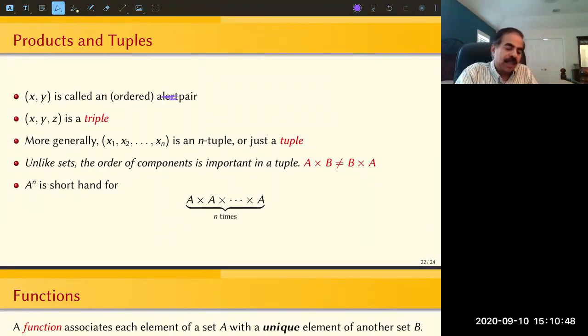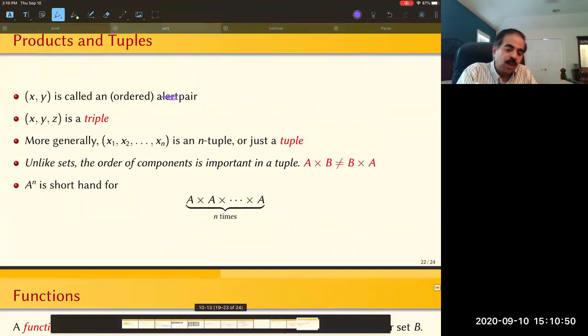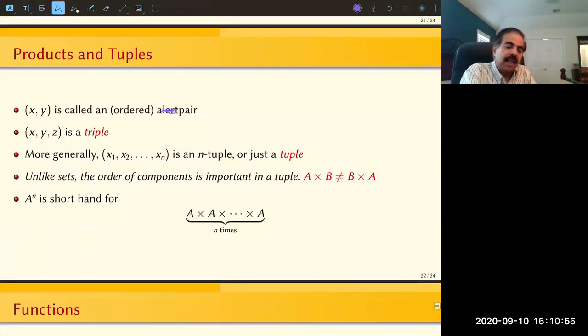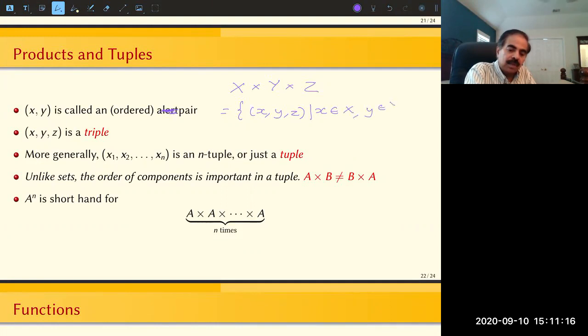And just like you can have a two-way product, you can also have a three-way product. Like, if you take a set X, multiply it with Y, multiply it with Z, then that will consist of triples of the form (x, y, z), where x belongs to X, y belongs to Y, and z belongs to Z, right?